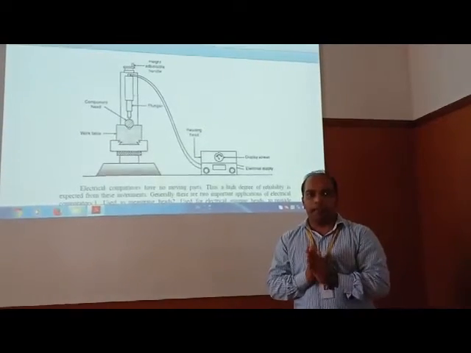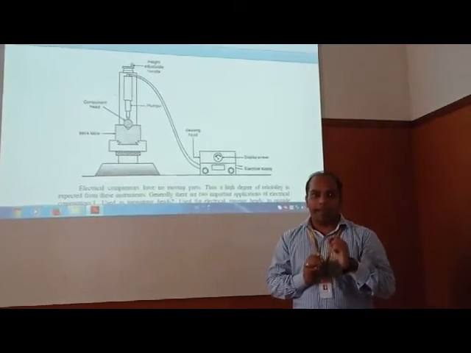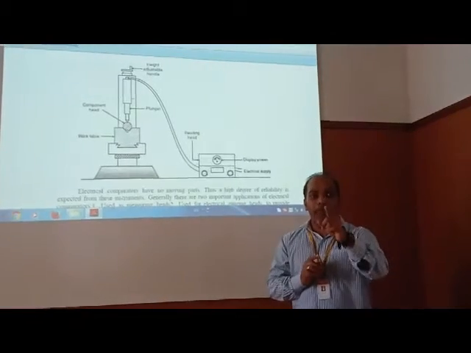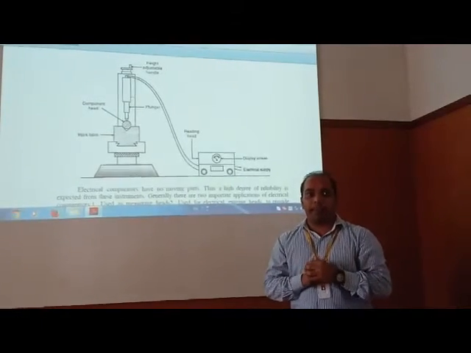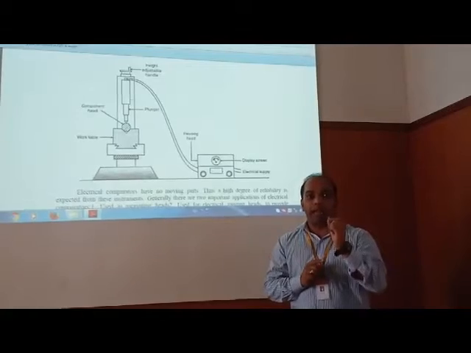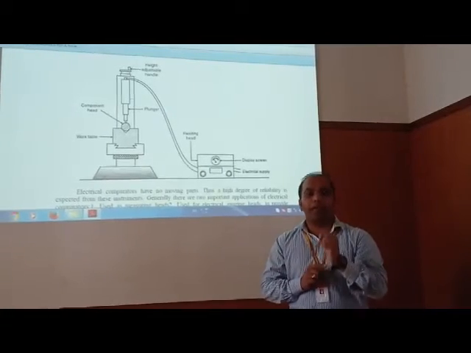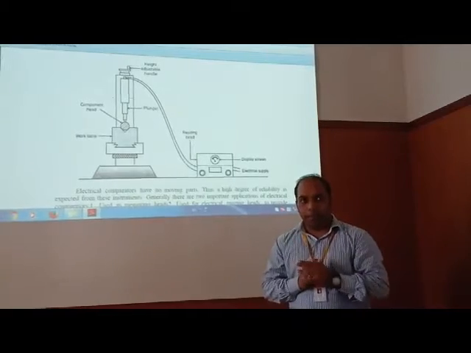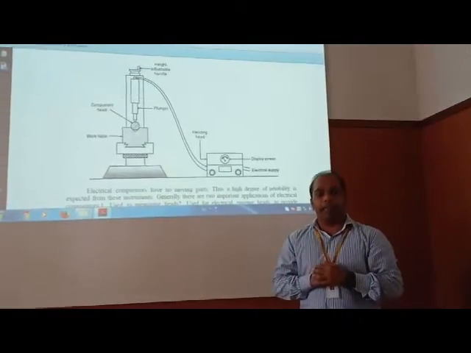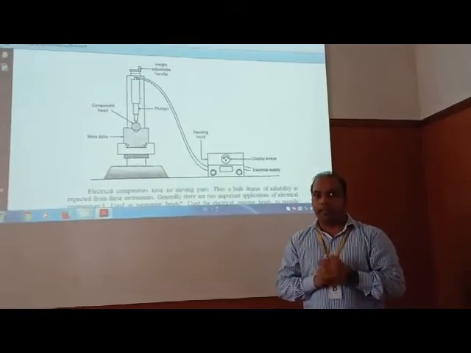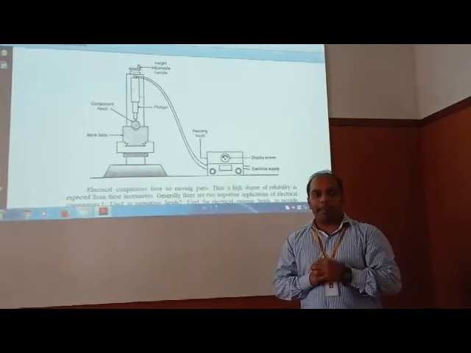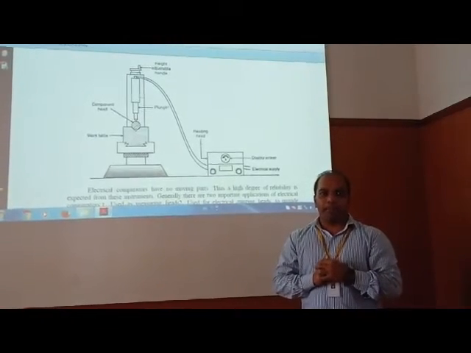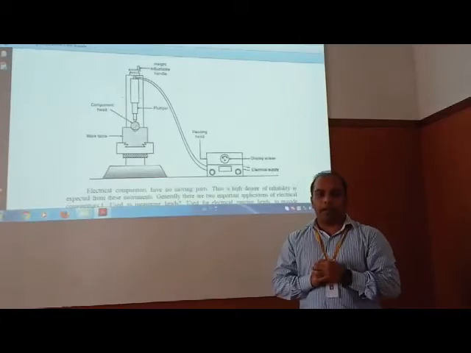elaborating different comparators. The first was the mechanical comparator. As you remember, the very first basic comparator was the mechanical dial indicator, or it is also called a dial indicator. The small advancement in the dial indicator gave us the second comparator of the mechanical segment, that was Johansson's Microkator.